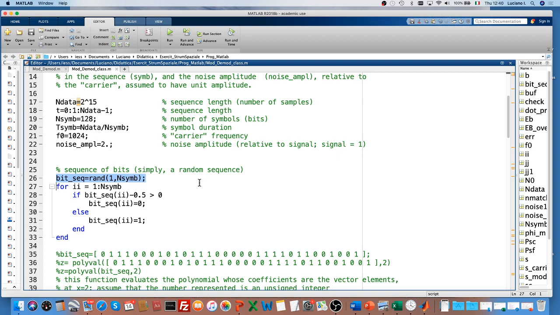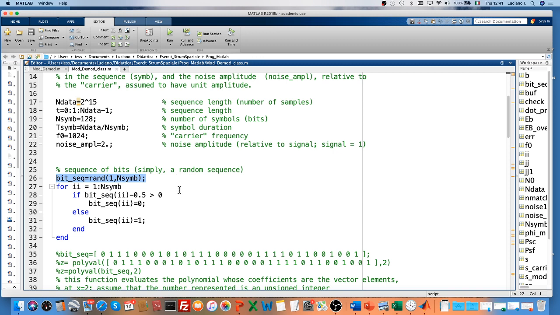The function rand generates a random number with uniform distribution in the interval 0, 1. Okay? So a random number uniformly distributed between 0 and 1.